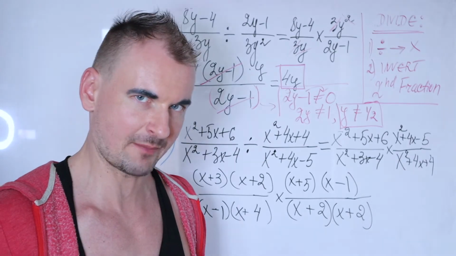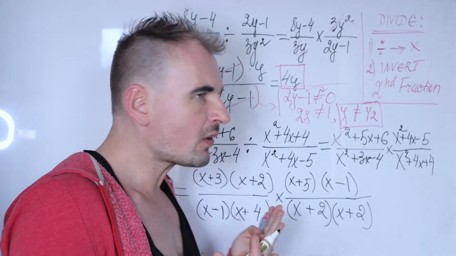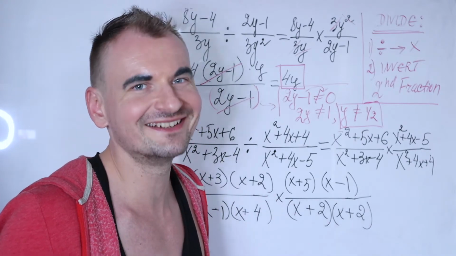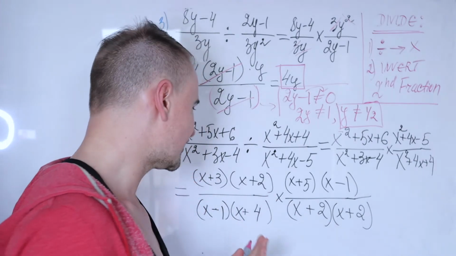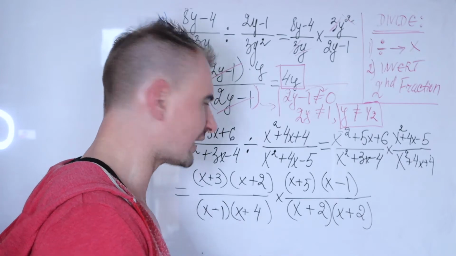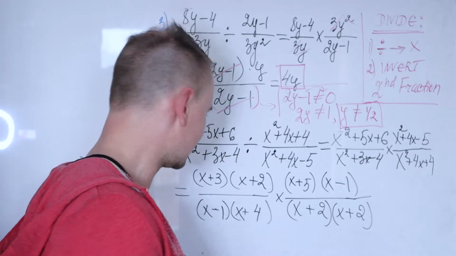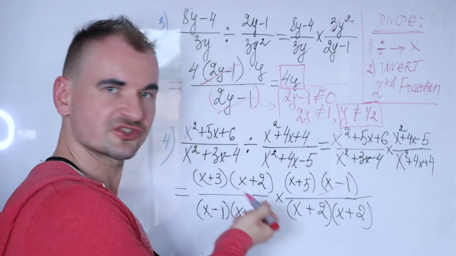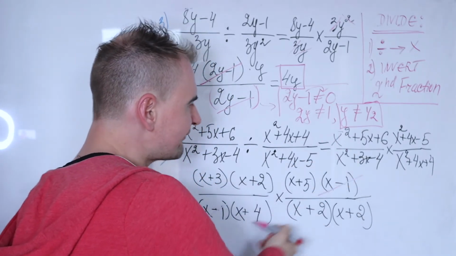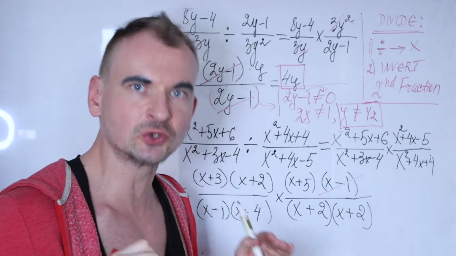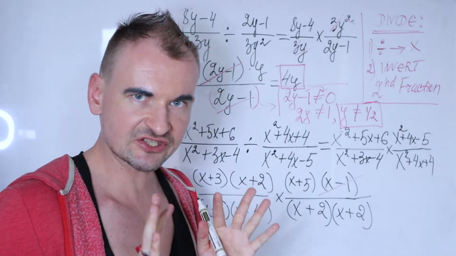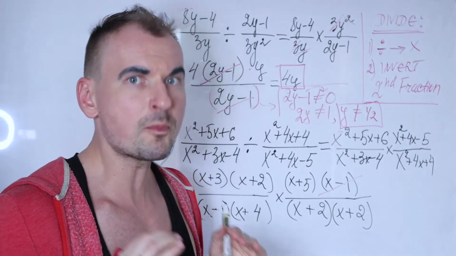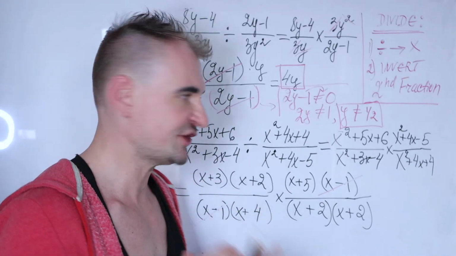We are completely done. Now, hopefully something would cancel, so let's check to see. Yeah, we are very, very lucky today. So x minus 1 and x minus 1, you just cross them out, because everywhere we have multiplication, this is totally legal. This is fine, and we can now proceed with cancellation.